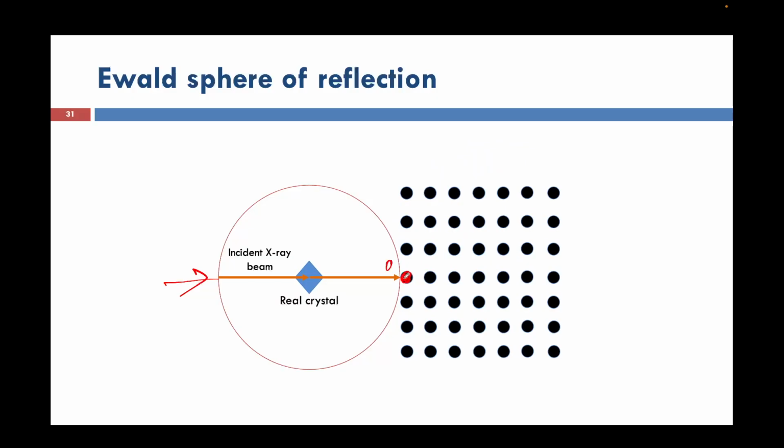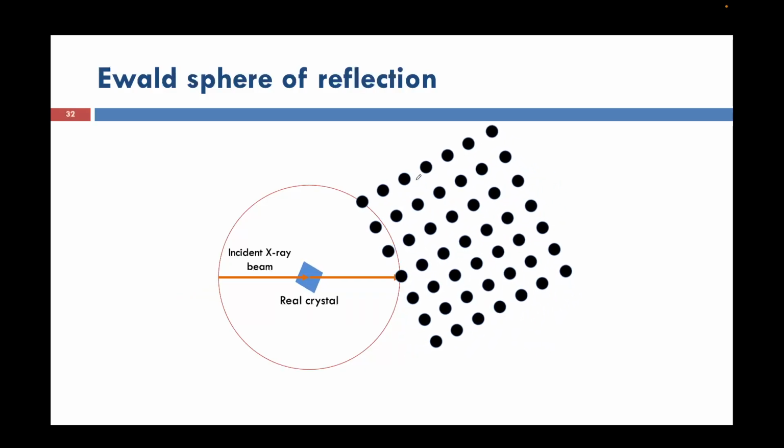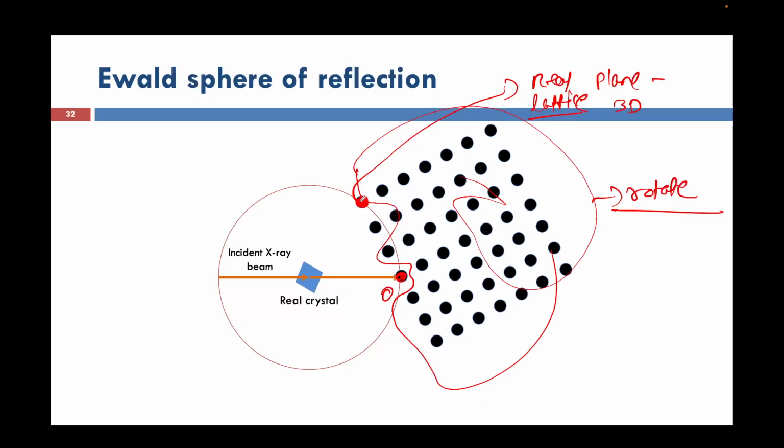Now currently none of these planes are on the surface of the sphere. So when I rotate this, the points in the reciprocal lattice, or the three-dimensional planes in the real lattice, which are coming on the surface of the Ewald sphere, only they will be giving us the condition of diffraction.